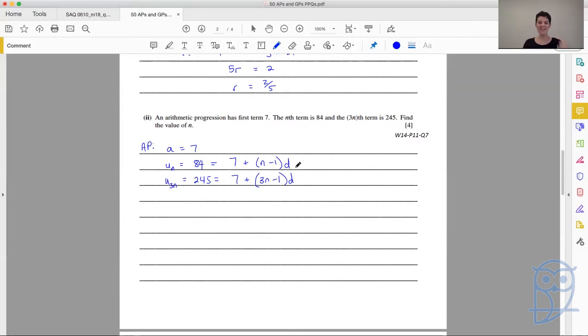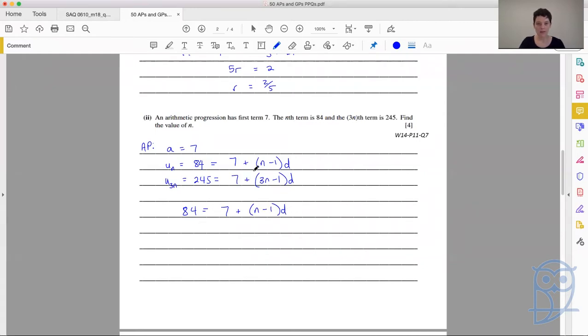And now you're starting to get a little bit excited because we can see there is something going on. What we have here are 2 equations and 2 unknowns, and when we have 2 equations and 2 unknowns, we are heading towards simultaneous equations. So we have 84 equals 7 plus n minus 1 times d.